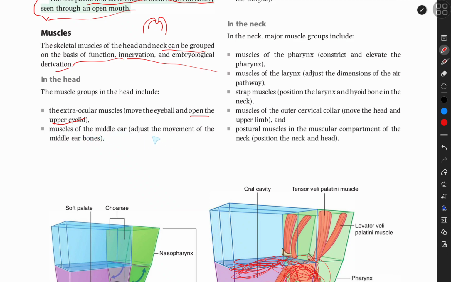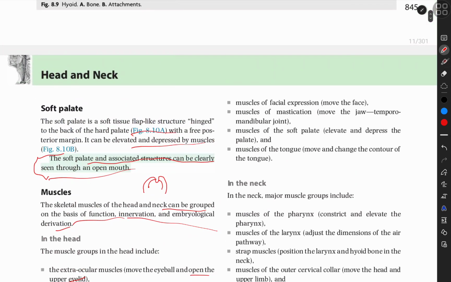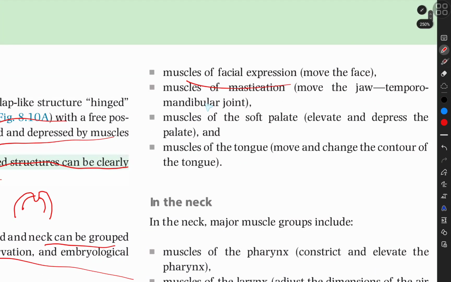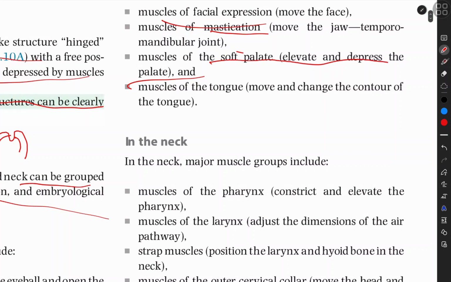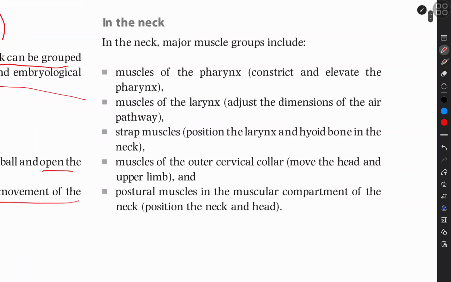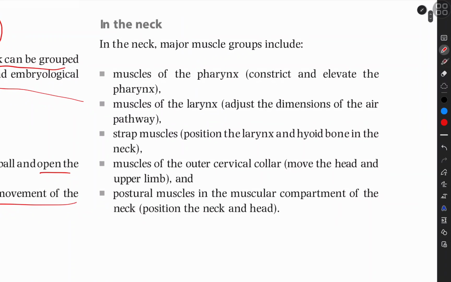Muscles in the middle ear adjust the movement of the middle ear bones. Makes sense. Muscles of facial expression move the face. Muscles of mastication chew. Muscles of the soft palate elevate and depress the palate. Muscles of the tongue move and change the contour of the tongue. In the neck, major muscle groups include muscles of the pharynx and muscles of the larynx. The pharynx is the common passageway.